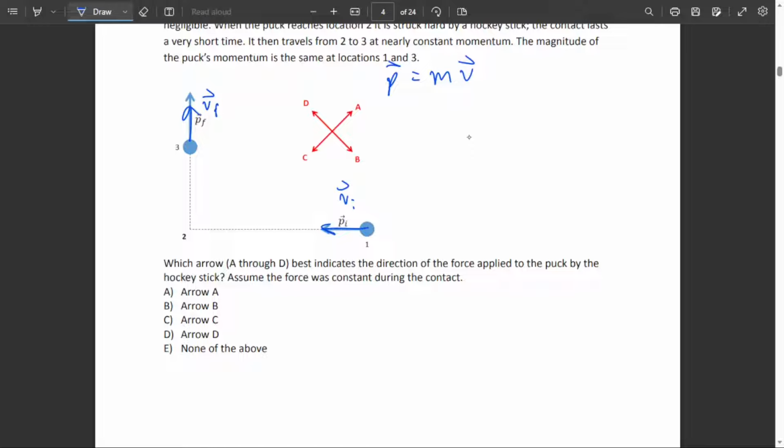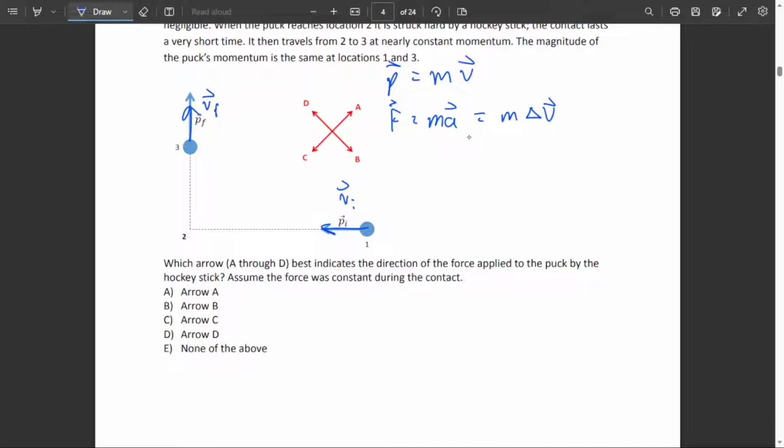If you remember, we also have force equals mass times acceleration, and acceleration is the change in velocity. So if we find the direction of the change in velocity, we can find the direction of the force.